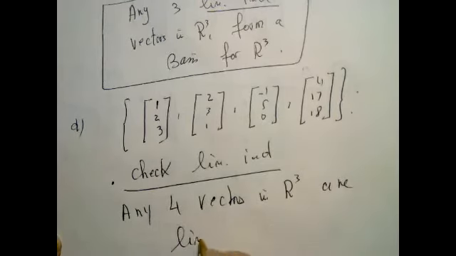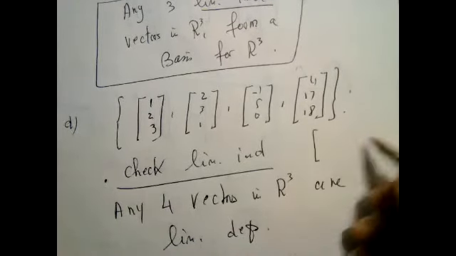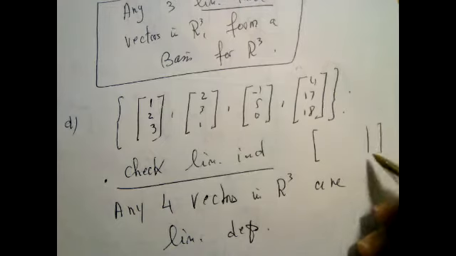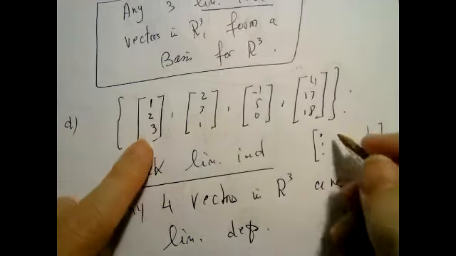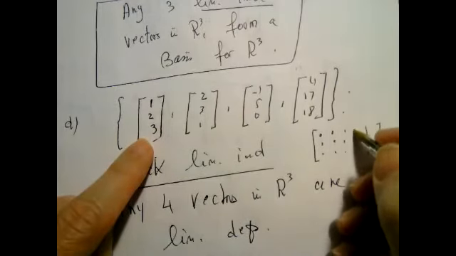When you try to solve your system, you're going to have three equations, but four unknowns because you have four vectors.